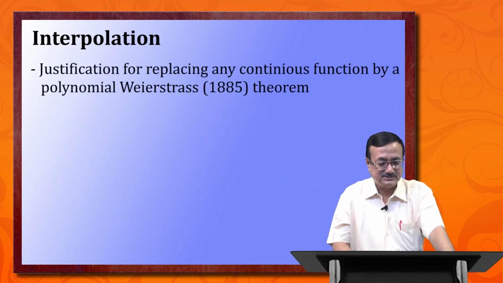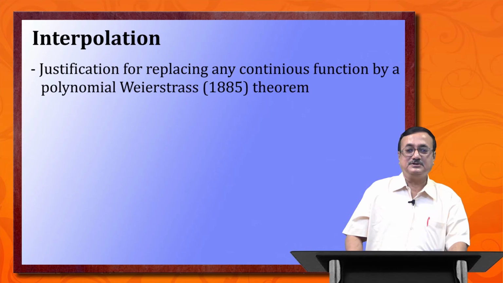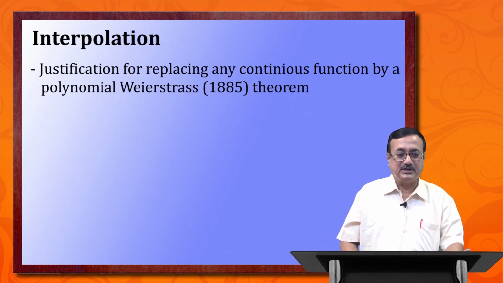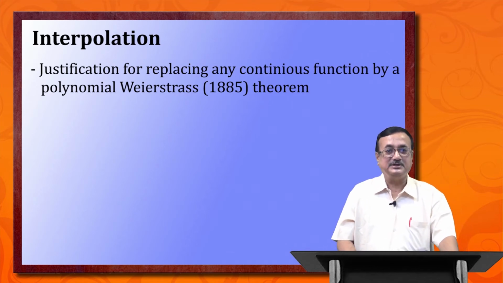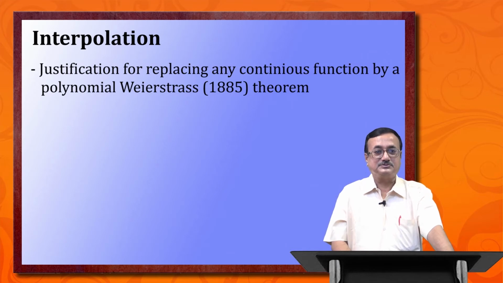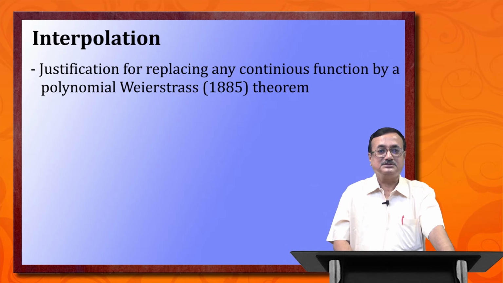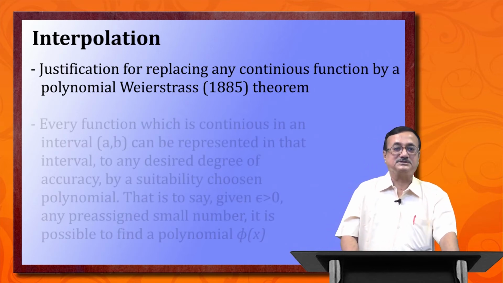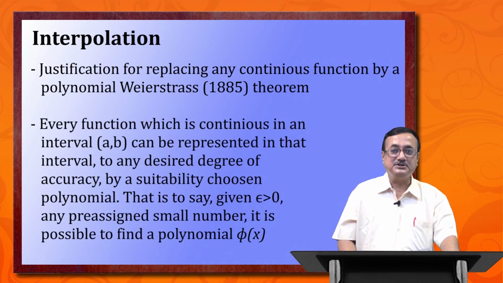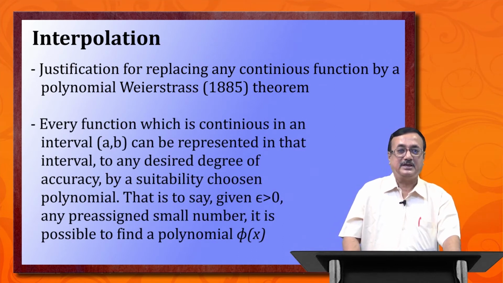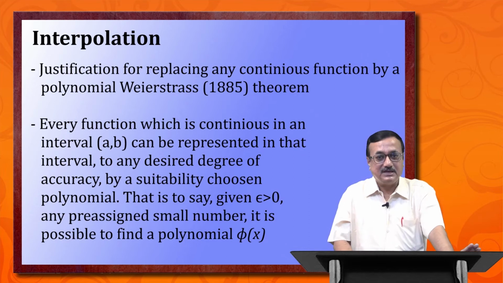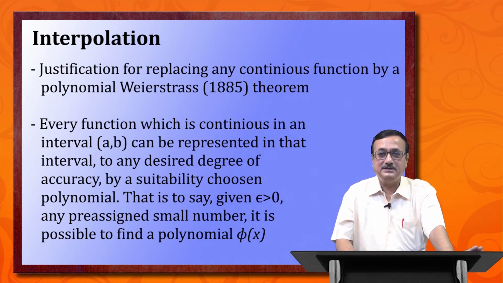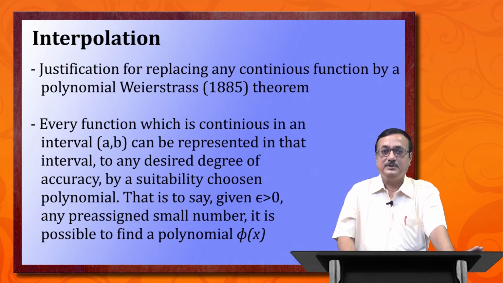Now, what is the basis that any given function like f(x) can be replaced by a polynomial? Yes, we have some justification for this assumption. It is due to Weierstrass in 1885, which states that every function which is continuous in an interval [a,b] can be represented in that interval to any desired degree of accuracy by a suitably chosen polynomial.